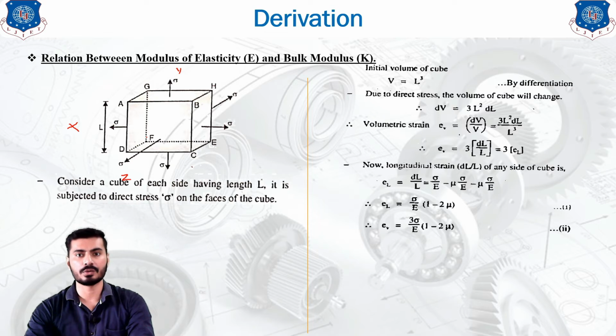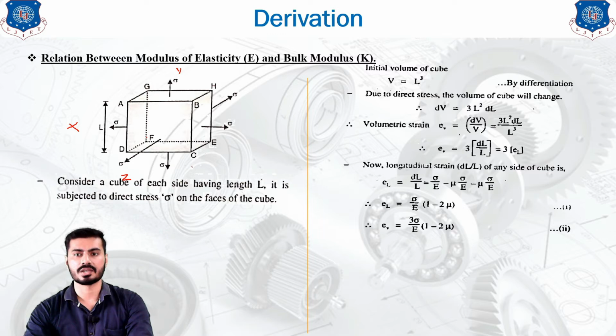By differentiation, delta V equals 3L square dL. Now the volumetric strain is dV by V, that is change in volume upon original volume. If you put the values of dV and V from the above two equations, you can write it as 3L square dL upon L cube.